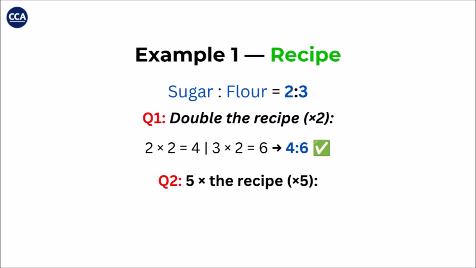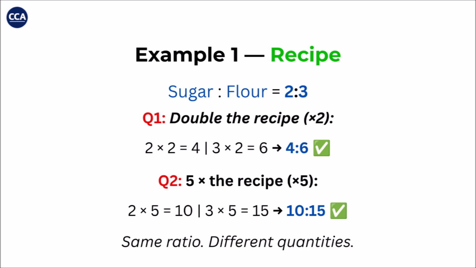Question 2. Make 5 times the recipe. Multiply both by 5. 2 times 5 equals 10. 3 times 5 equals 15. New ratio, 10:15. You need 10 cups of sugar and 15 cups of flour. Same relationship. Different quantities. Always equivalent.